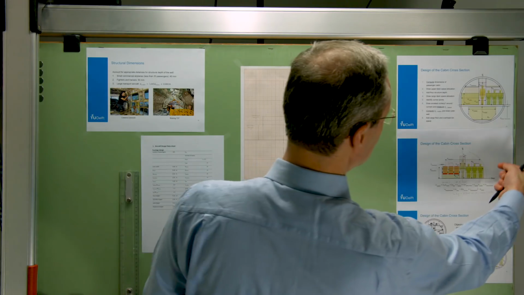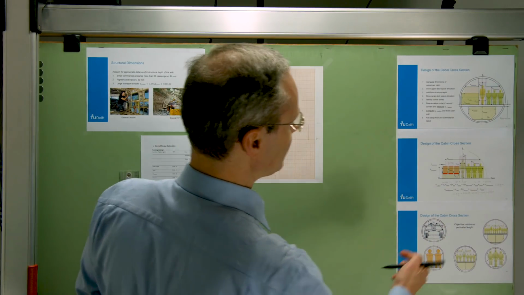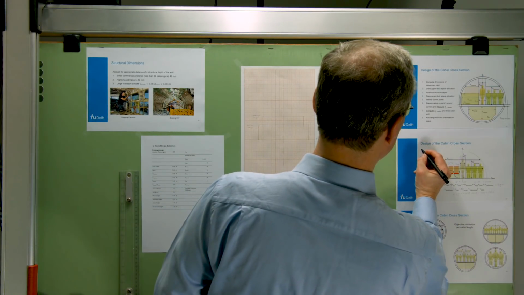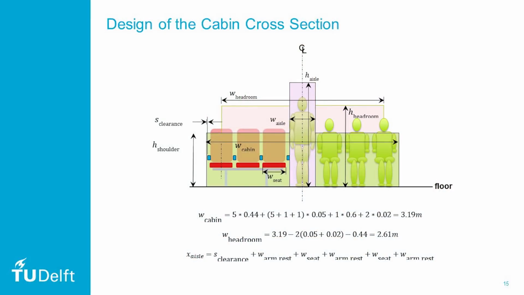Let's do it from the right-hand side counting. We'll start here at the far edge. We have a 2 centimeter clearance. We have, in this case, one armrest for this seat, so that's 5 centimeters. We have one seat, 44 centimeters, plus another armrest, 0.05, plus another seat, plus another armrest.